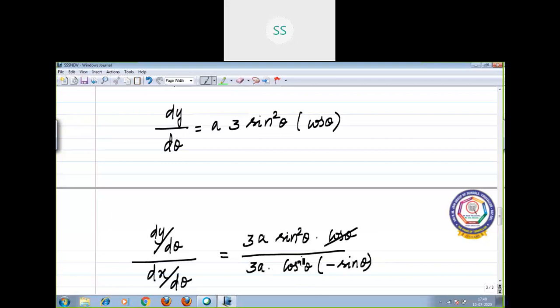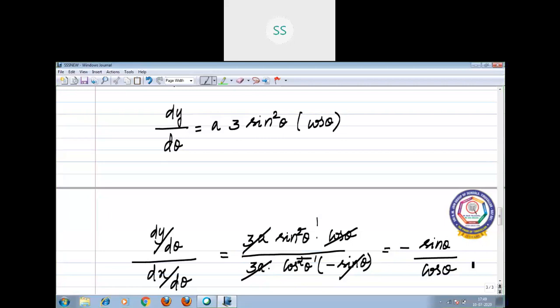Cos theta, 1, 1 it will cancel. Sin theta, here also it is 1. 3a, 3a cancel. So what do you arrive at here, children? Which is equal to minus sin theta divided by cos theta, right?